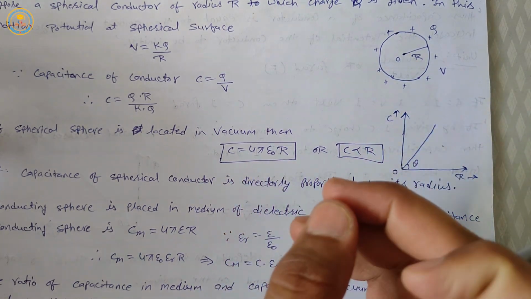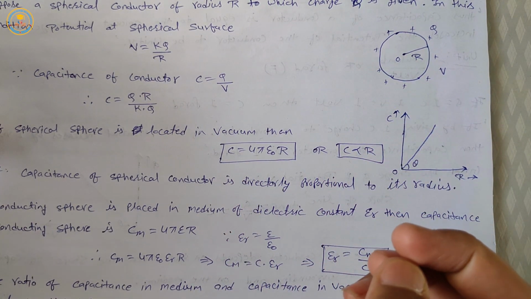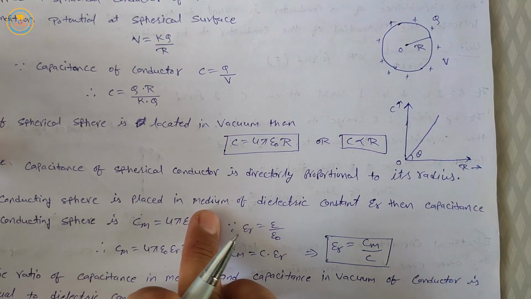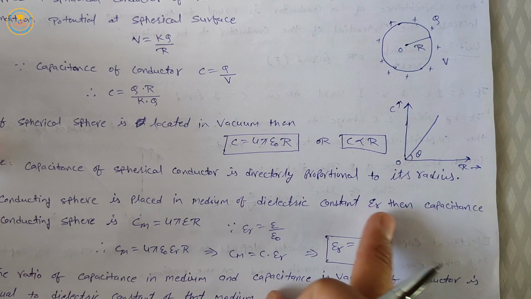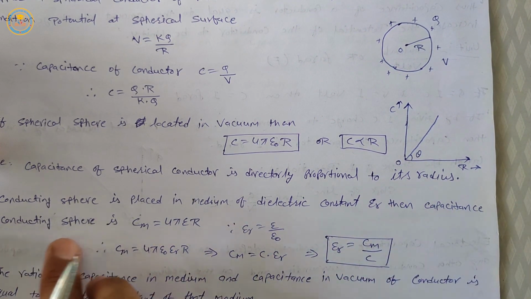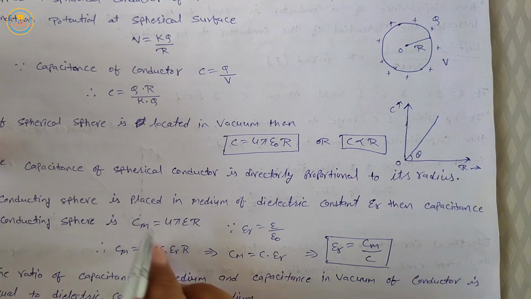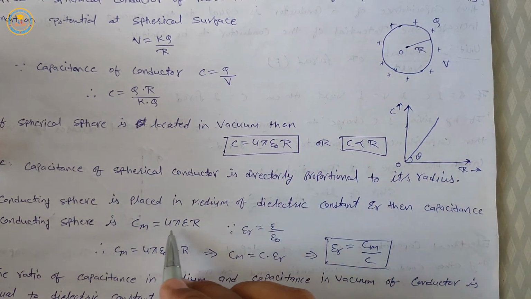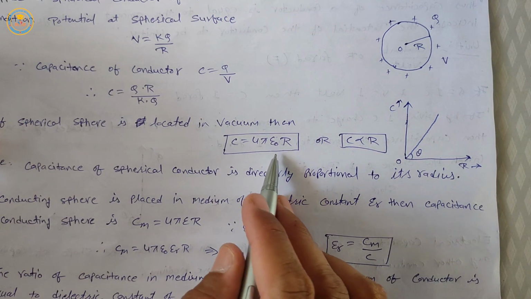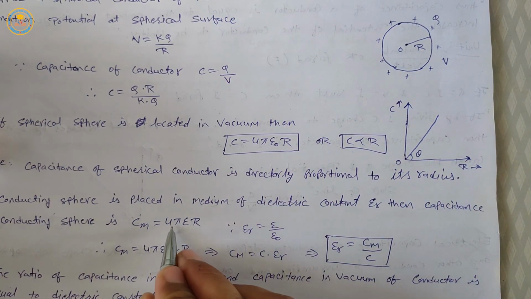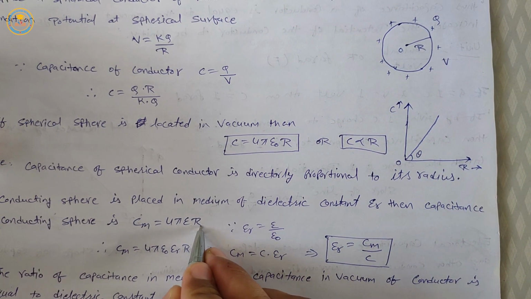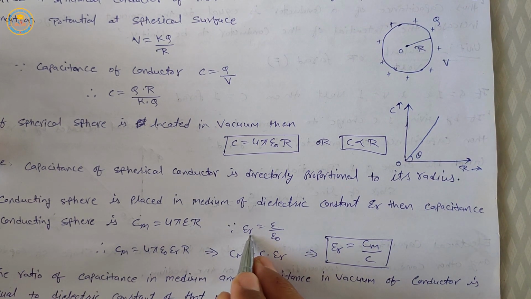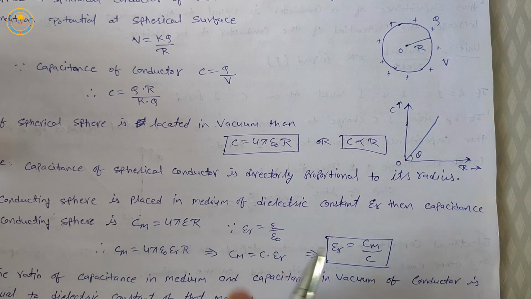Now we put this sphere in a medium of dielectric constant epsilon r. If the conducting sphere is placed in a medium of dielectric constant epsilon r, then the capacitance of the conducting sphere is Cm, m for medium. Cm is equal to 4 pi epsilon into R, with epsilon naught replaced by epsilon. From chapter 1, we know the dielectric constant epsilon r is equal to epsilon upon epsilon naught.